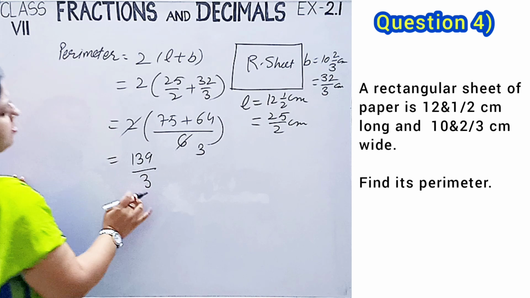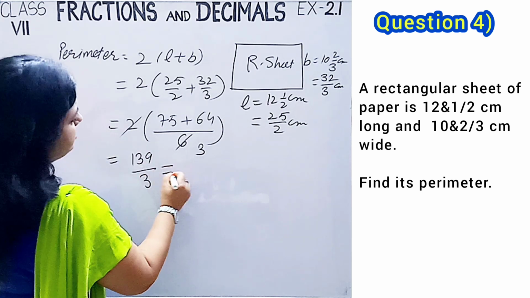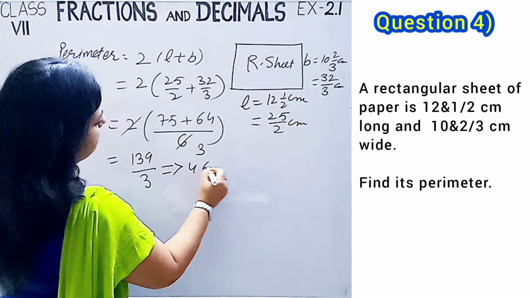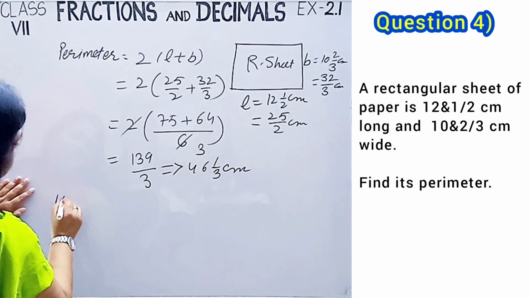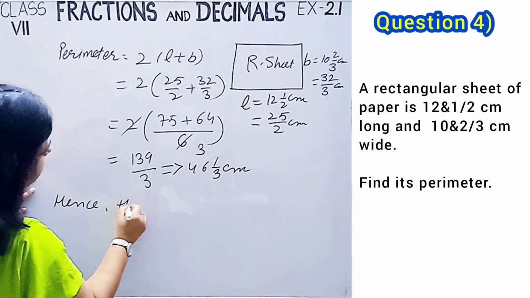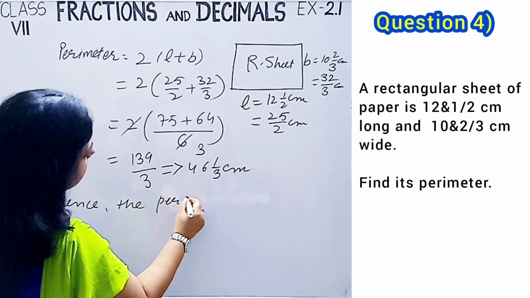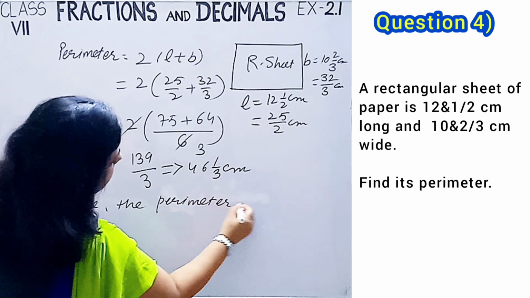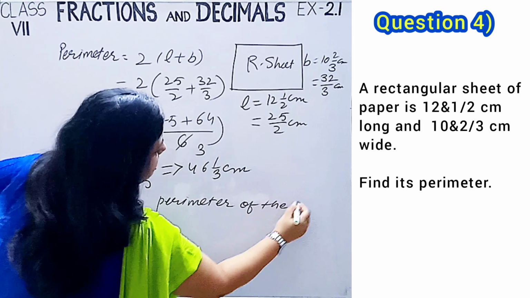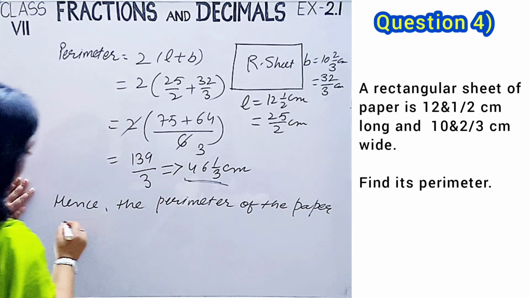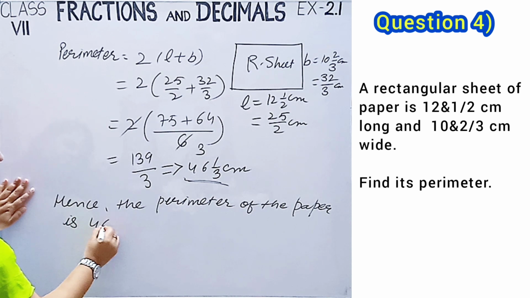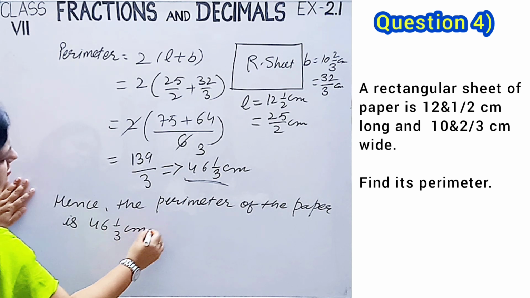This is an improper fraction. We have to change it into a mixed fraction. This is centimeter. Hence, the perimeter of the paper is 46 and 1 by 3 centimeter. Answer.